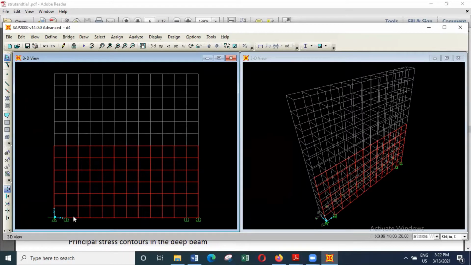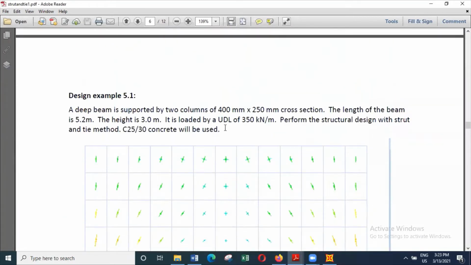Also I need to have, so these are the exact example, but we'll use something similar to see how the stresses will be transferred. So the example, we are applying a UDL of 350 kilonewtons per meter. In this example, the length of the beam is 5.2 meters, height is 3 meters.